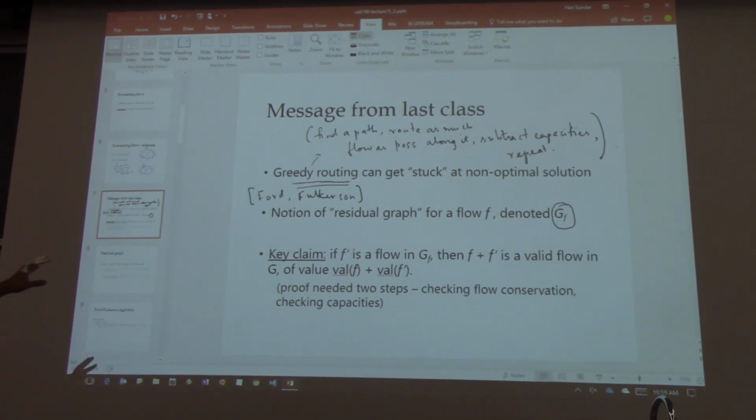The main claim here was that you have some current flow F. Now you construct the residual G sub F. G sub F is just another flow problem, another instance of max flow.